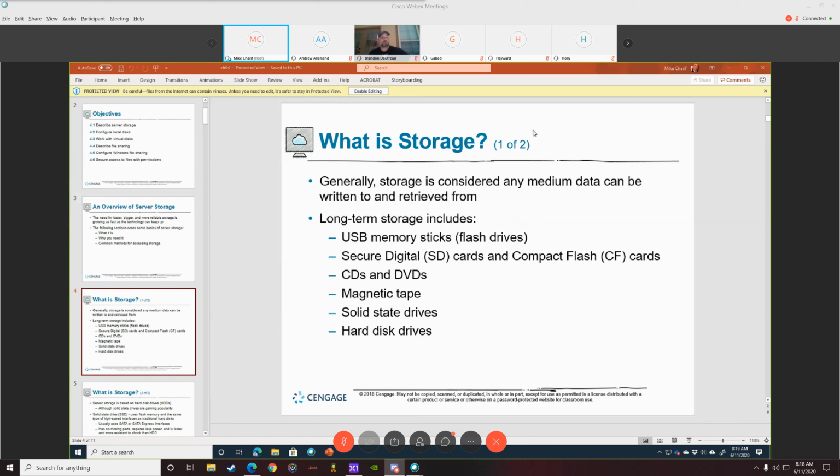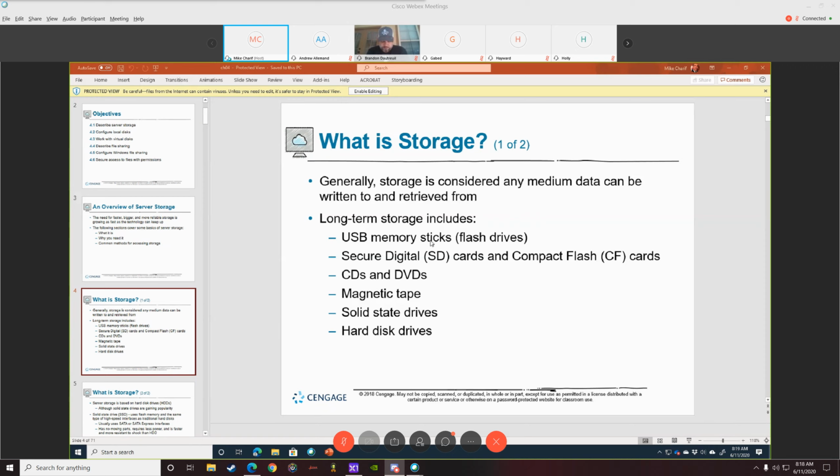Solid state drives, this has become popular. SSD, this is very popular now, and this is what replaced the IDE or the HDD, or the hard disk drive.